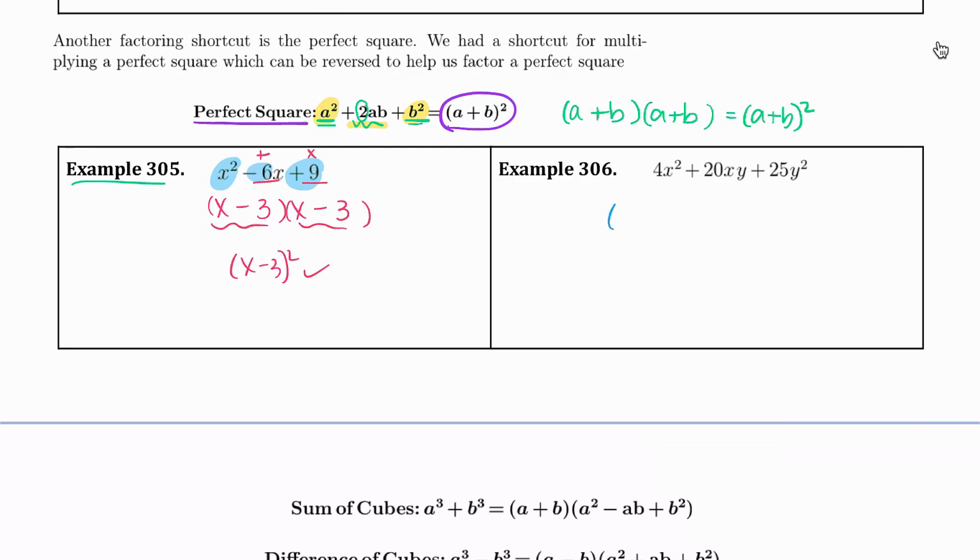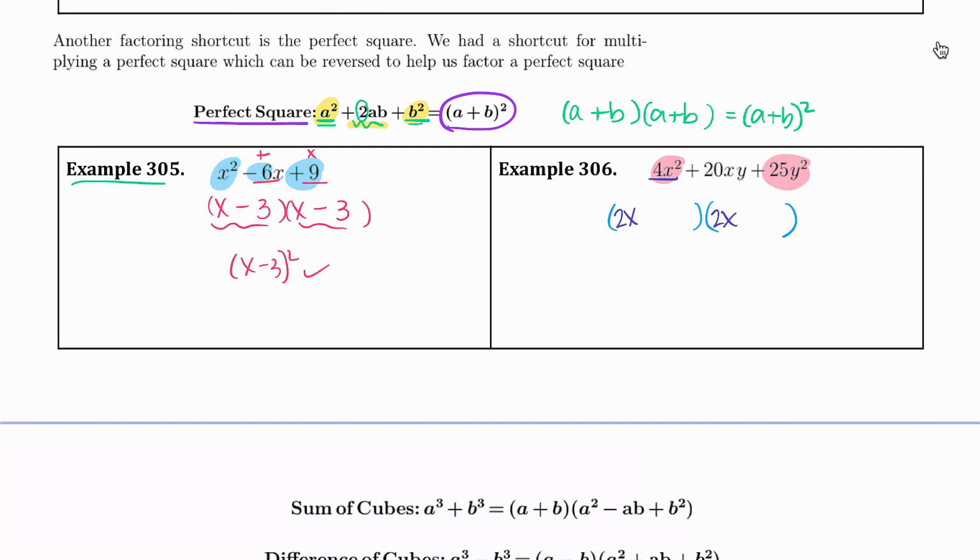I'm going to give my 2 binomials right here. This one especially is a little bit more complex than example 305. So we notice here 4x squared is a perfect square, 25y squared is a perfect square. So we're going to try to go ahead and factor this using that. The square root of 4x squared is 2x.